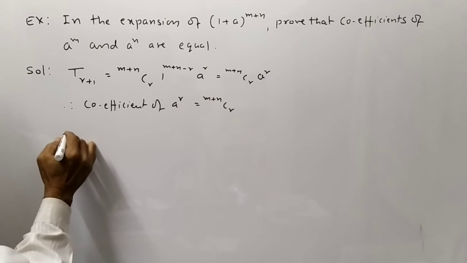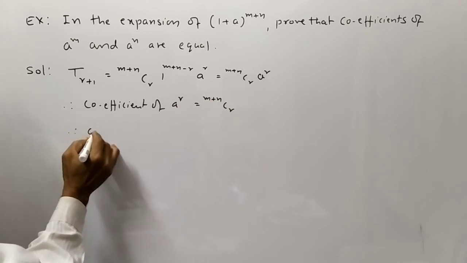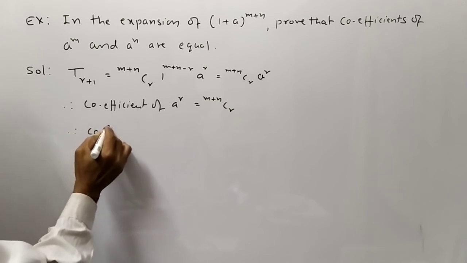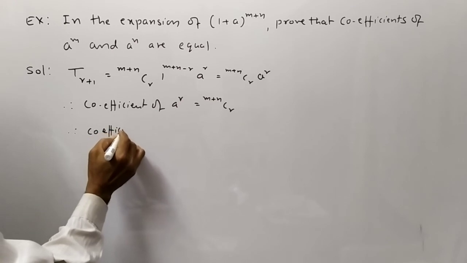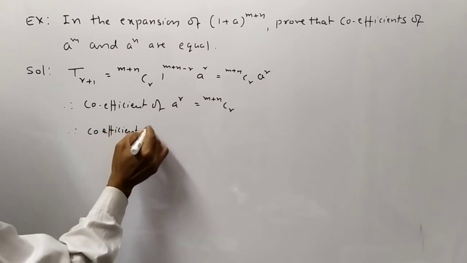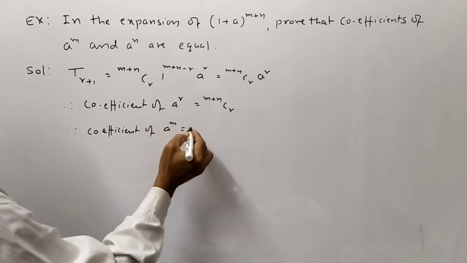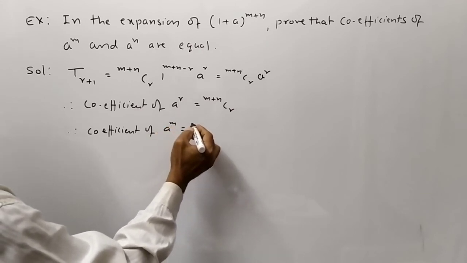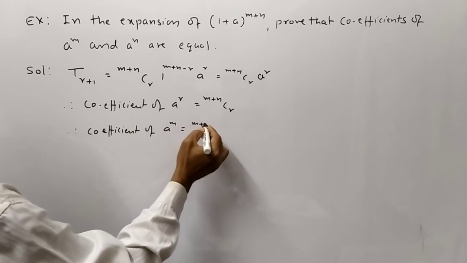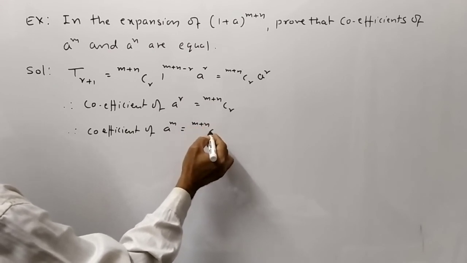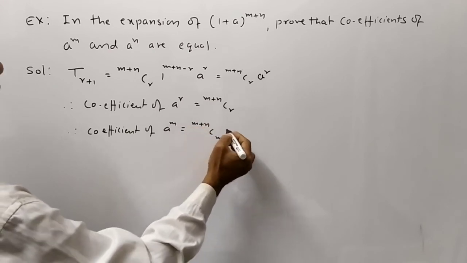From this we will get coefficient of a raised to the power m is equal to (m plus n) Cm.